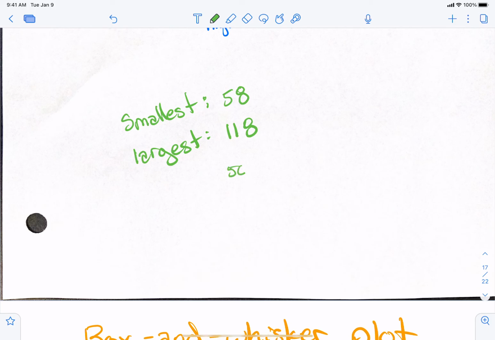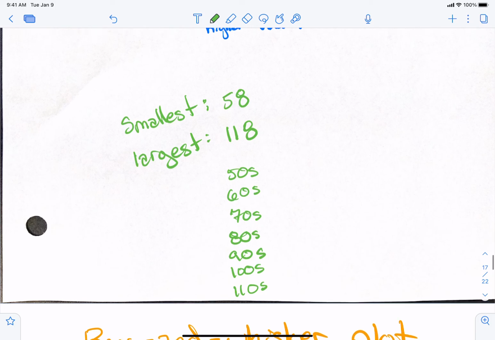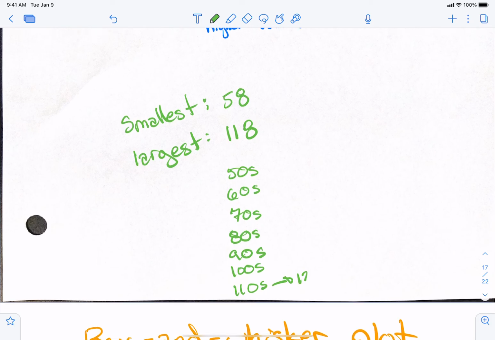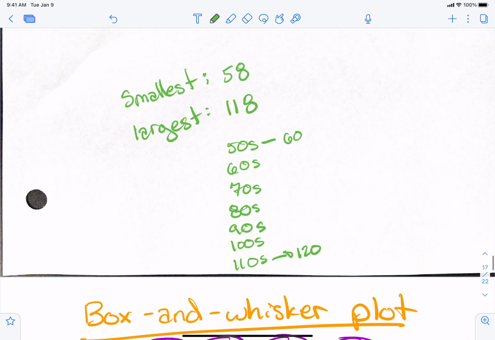Let's do the 50s, the 60s, the 70s, the 80s, the 90s, the 100s, and the 110s. The 110s would go from 110 to 120, and the 50s would go 50 to 60. Let's designate those as your classes and then figure out how your histogram is set up.